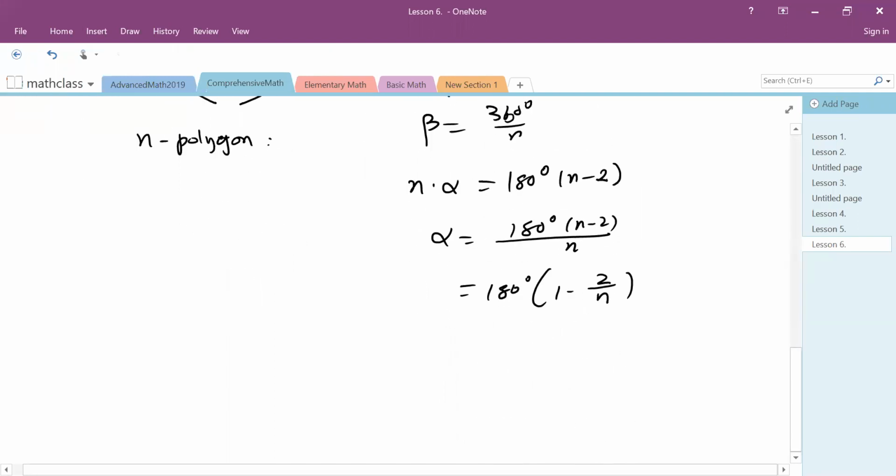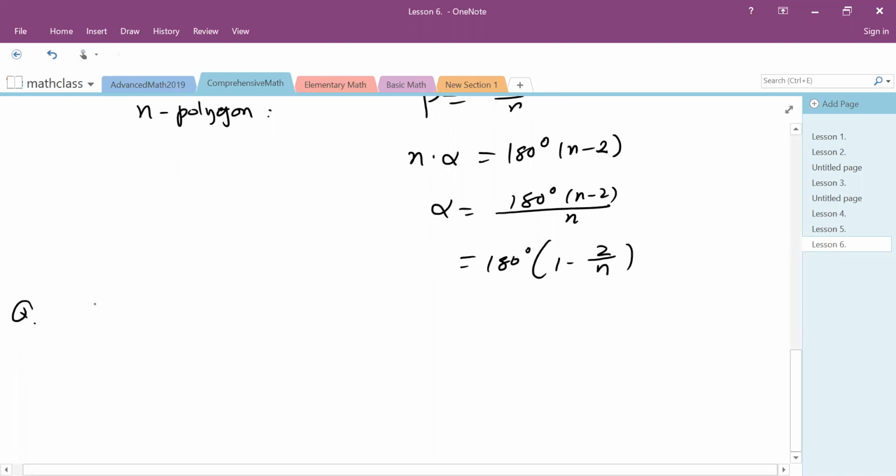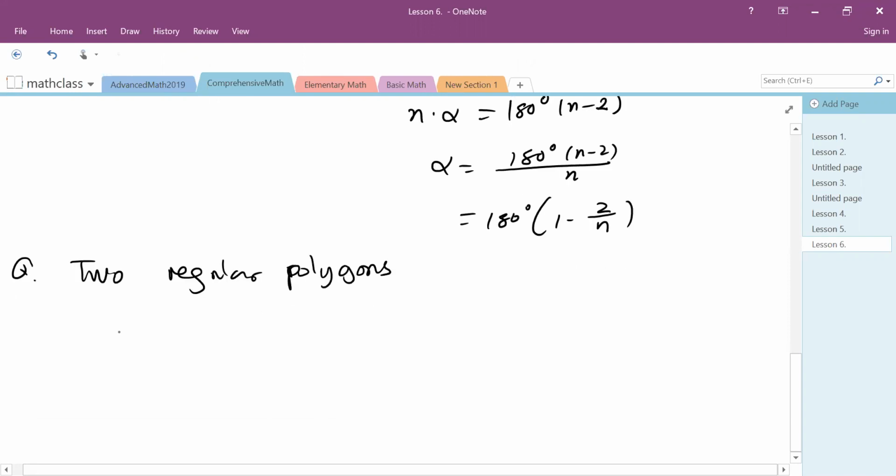All right. So our question is, if we compare two regular polygons, one has n edges, n sides, and another has m sides.